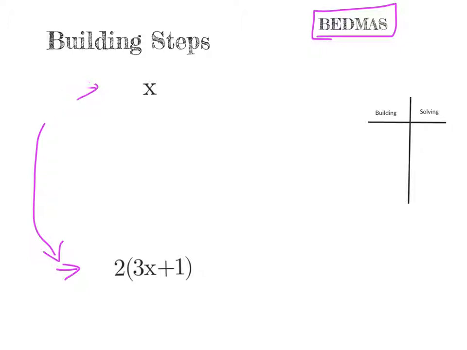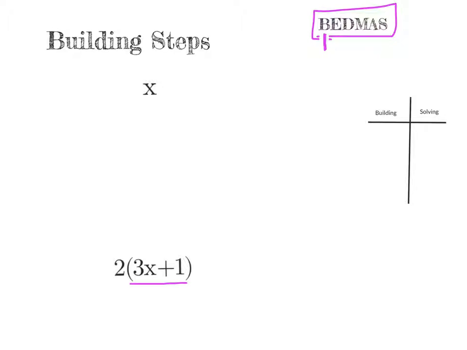Okay, so let's get rid of this. The first thing in BEDMAS is B for brackets. Now, our bracket is 3x plus 1. So now we're within that bracket, we need to see E for exponents, there's no powers in there.